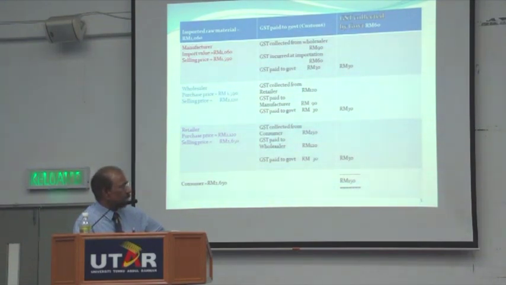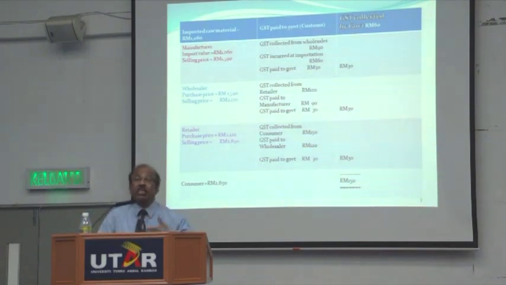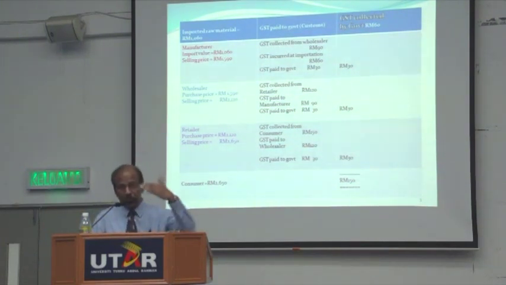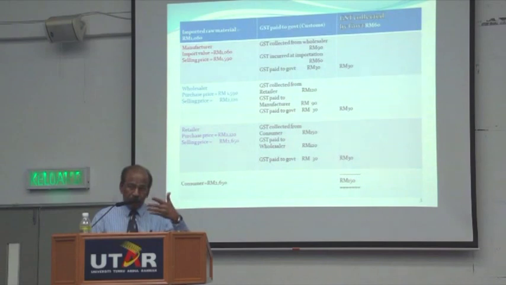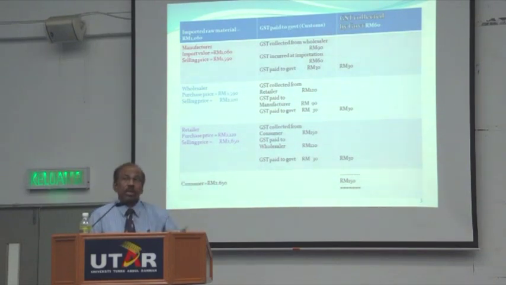So progressively the money goes to the government. $60 there, $30 here, another $30 here, and another finally. So you call it a multi-stage tax. So each stage tax is collected. But only the amount relating to the value added by each person in the chain is handed over to the government. Right?